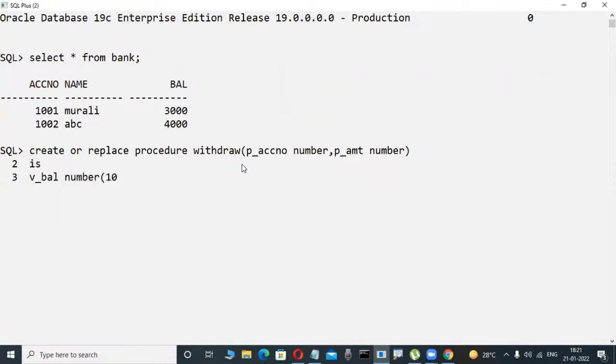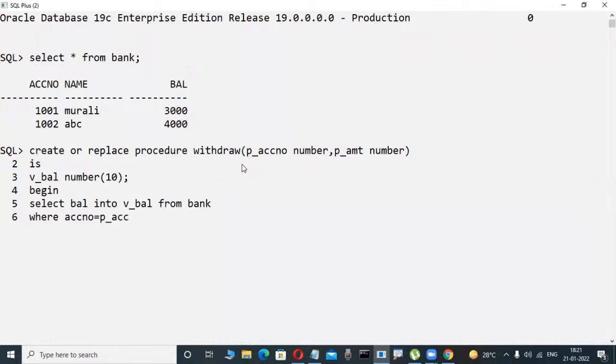Whenever we insert an ATM card and try to withdraw, it checks the balance. Concentrate here: select balance into v_balance from bank. You don't have an idea about these things, but logically observe where account number is equal to something.